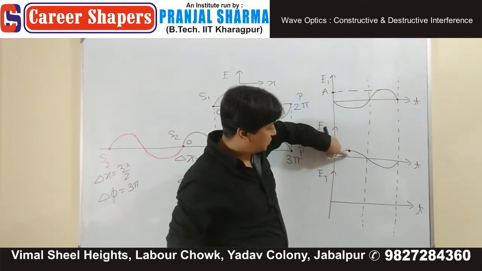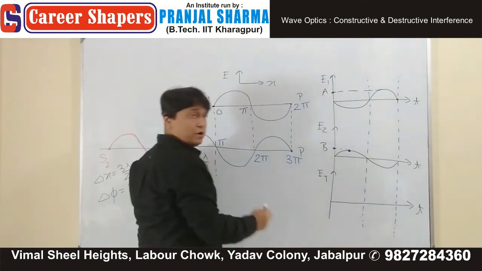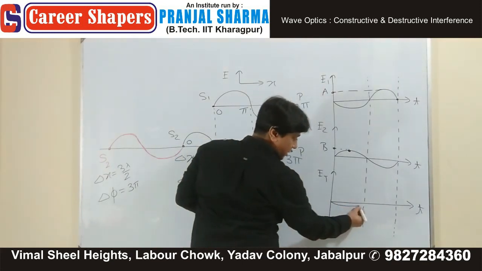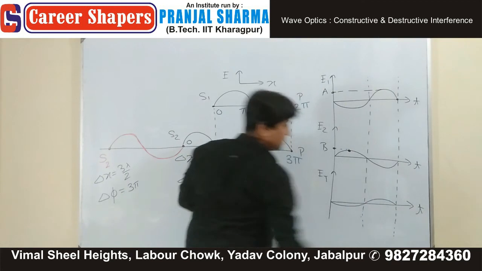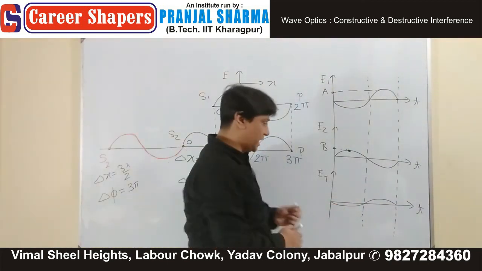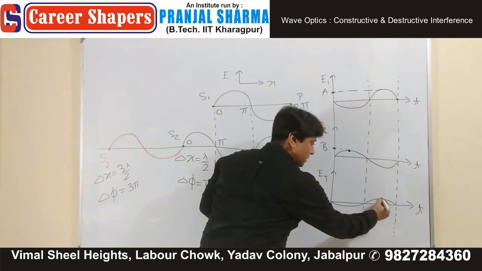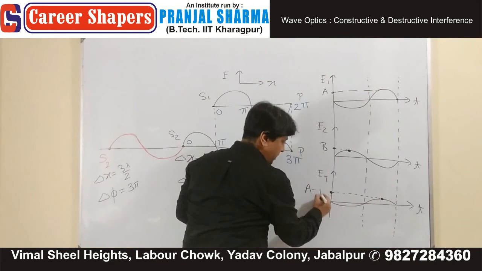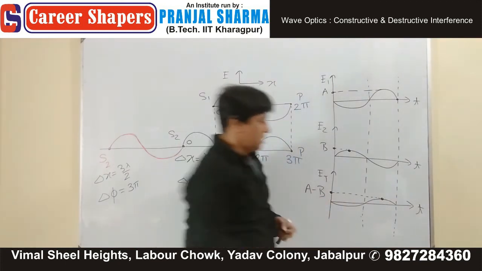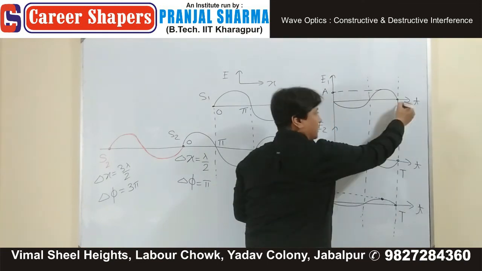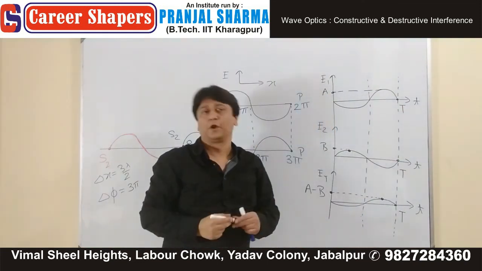They are in the opposite directions, and therefore what you find is a resultant amplitude which is only A minus B. But still you have same frequency, and therefore you're looking at the same color.